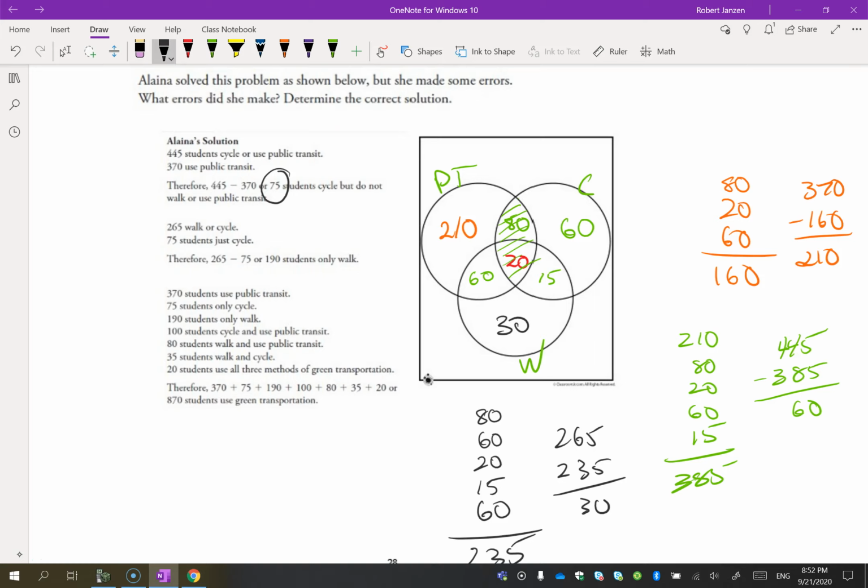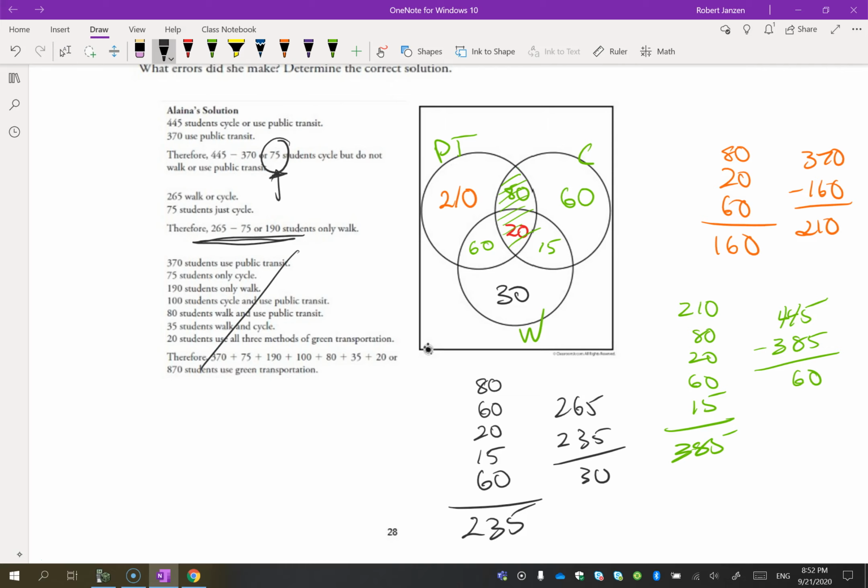Therefore, 265 take away 75 is 190. This is an error. It doesn't account for the overlaps. Okay, so that's where the first mistake, I guess, comes. She didn't quite know where this 75 should go. She assumed that that 75 was here. It's not. Okay, so then there's a few mistakes here.